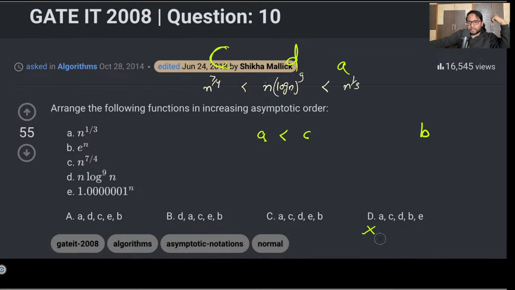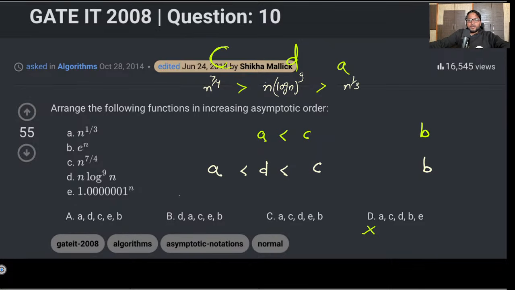Here I should be putting the greater symbols. This is greater, this is greater. Now n^(7/4) is the greatest function, so C is the greatest one, and between C and A there is D. You can in fact write that B is here, between C and A there is D.